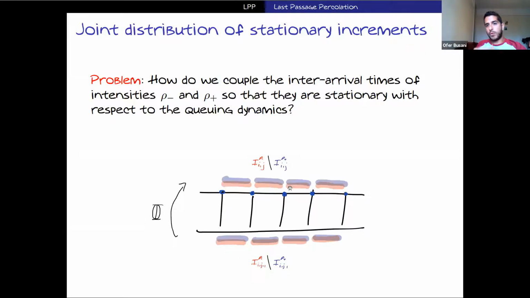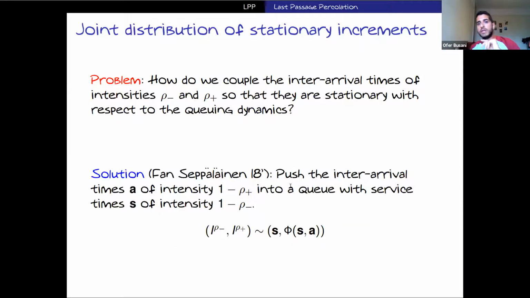So what we want is to have a fixed point for phi, but now for the joint coupling, the joint distribution of the blue and the red together. This was solved by Timo Seppäläinen.